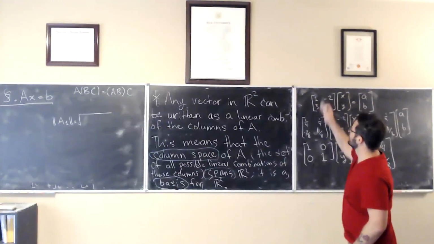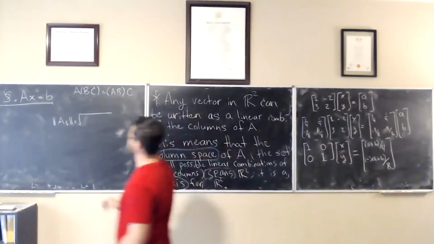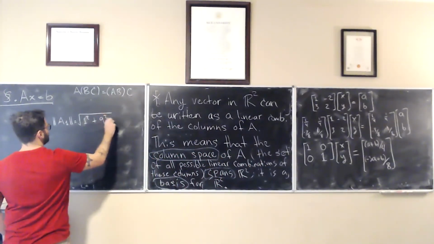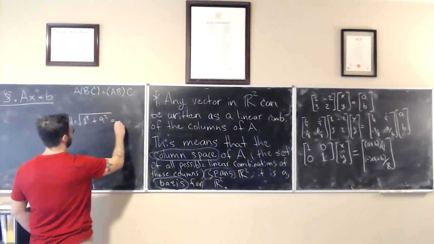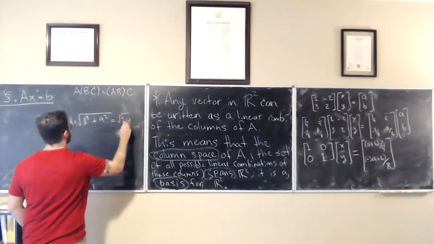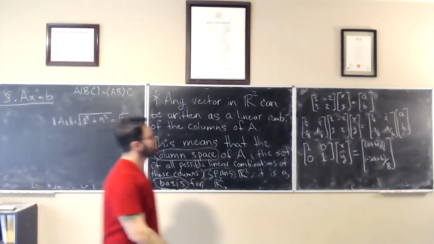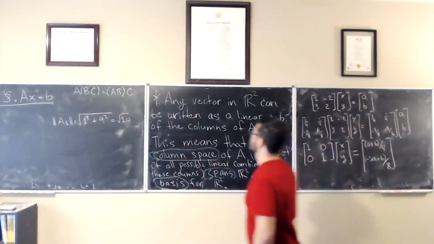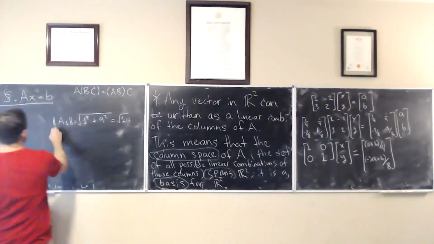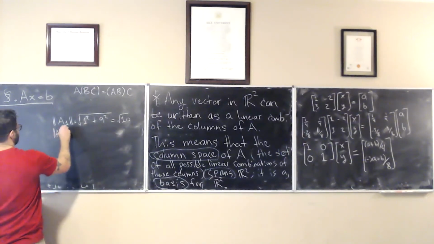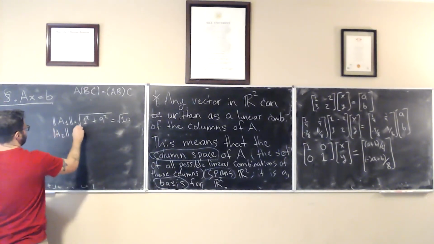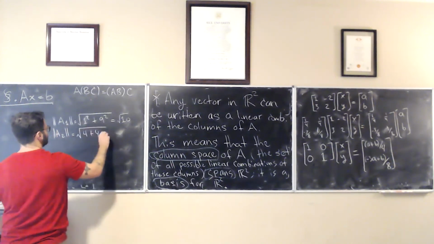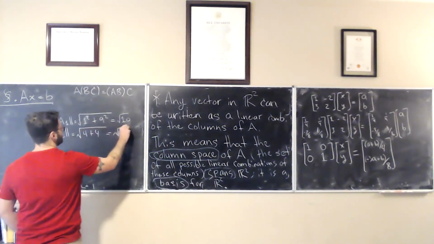So that column 1, 3. So it's 1 squared plus 3 squared. That's equal to root 10. And the other column, negative 2 squared, so it's just 4 plus 4 equals root 8.